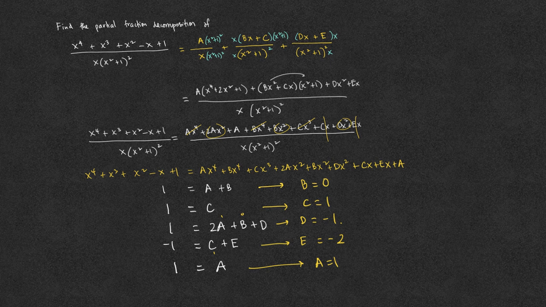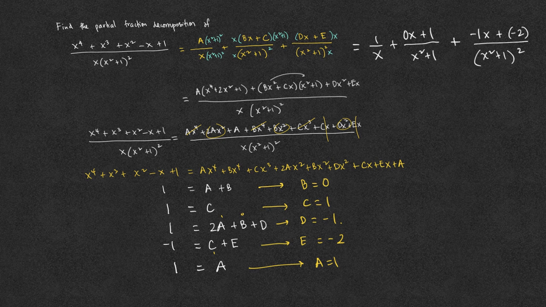Thus, the given rational expression can be written in the form A over x, but A is 1, plus (Bx plus C) over x squared plus 1, but B is 0 and C is 1, plus (Dx plus E) over (x squared plus 1) squared, where D is negative 1 and E is negative 2.